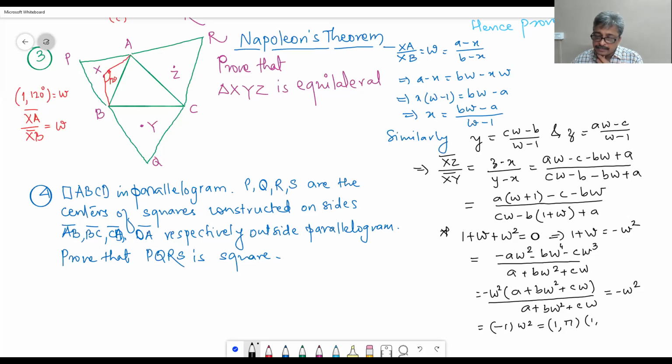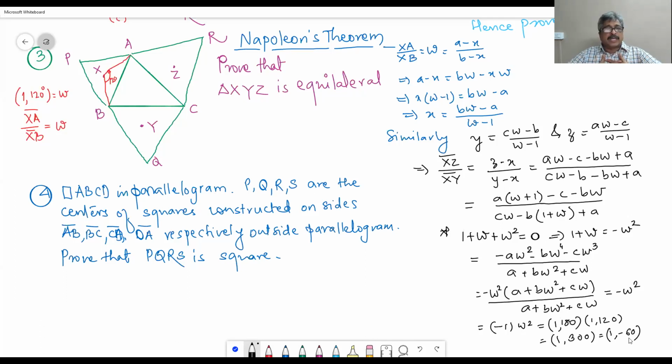So this is 180, and this is 120. Therefore, minus omega square is (1, 300), which is (1, minus 60). So it is a 60-degree rotation.